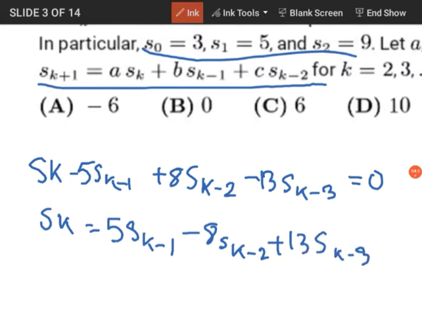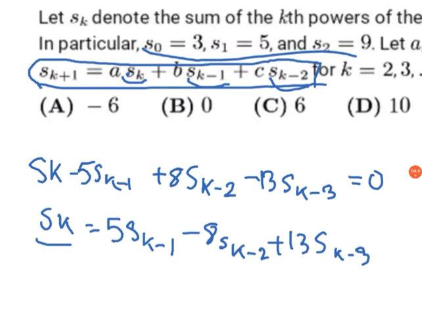Now do you see a similar situation here also? Now how to get sk like this, a multiplied by sk minus 1 and sk minus 2. If I replace k with k plus 1, will I get that? Yes. So I can replace k with k plus 1, then this will look something like this.